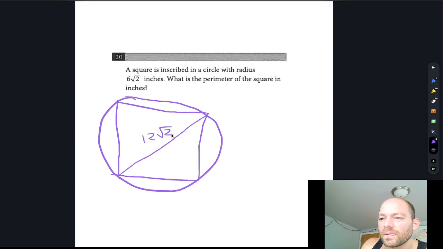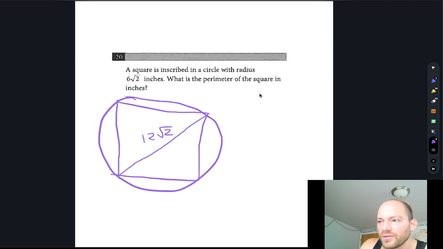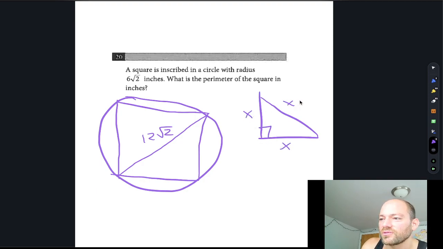And since now we know more in our souls about how you slice a square up into two 45, 45, 90s, well, now we remember how 45, 45, 90s work? X root 2? Well, the hypotenuse is clearly 12 root 2. So that means that each side of the triangle is 12. 12, 12.